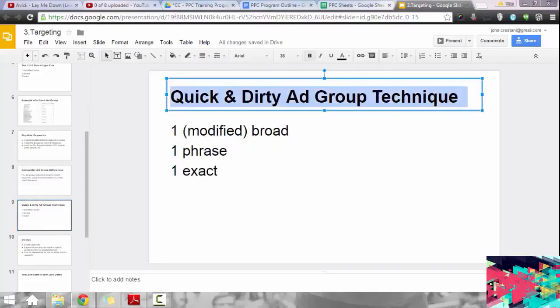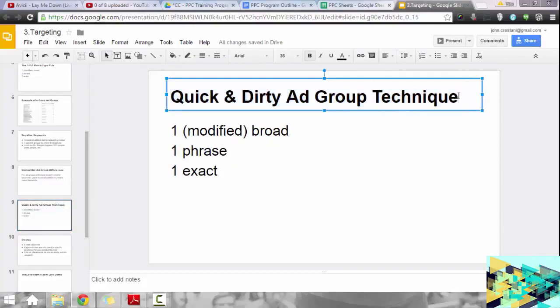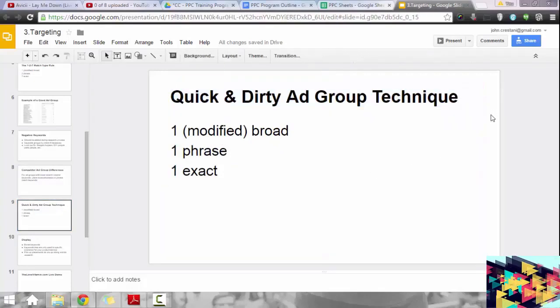Here's another one I like to show people, because this is how I do things a lot of the time now. I'm very good with my negative keywords, and I'm pretty confident in my ability to optimize at this point, so you do the quick and dirty ad group technique.